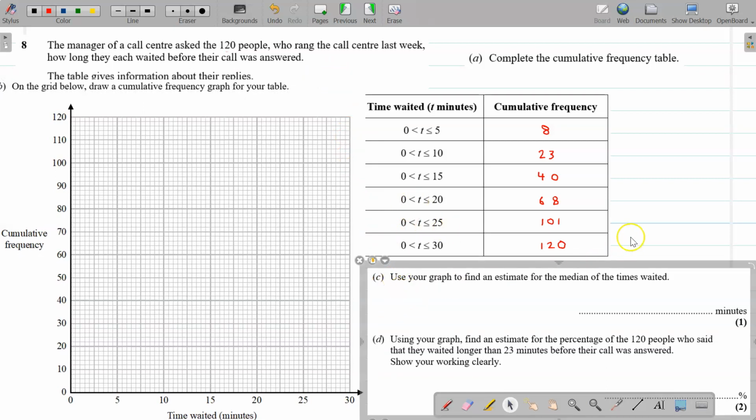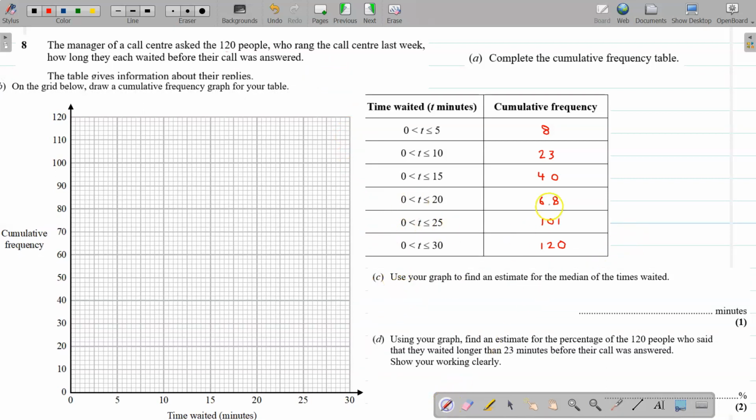Okay, so we use little crosses like this at the end point of the interval. Up to 5 minutes, it was 8 people. So we must plot the end point, 5, 8, and we do it with a little cross and read the scale carefully. So each little square vertically is worth 2. Okay, at 10 minutes we plot 23, which is there.